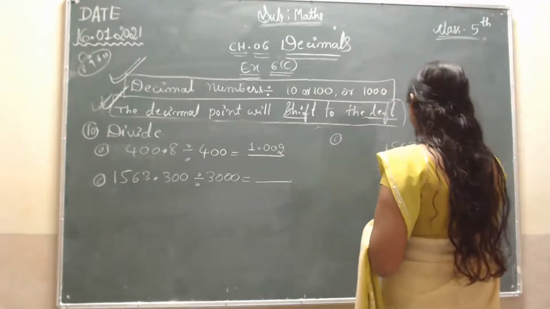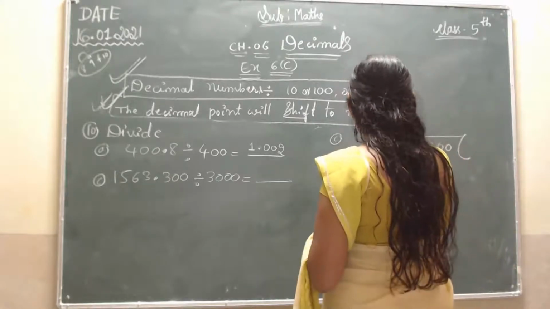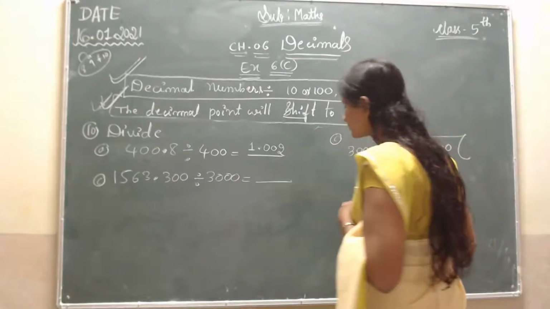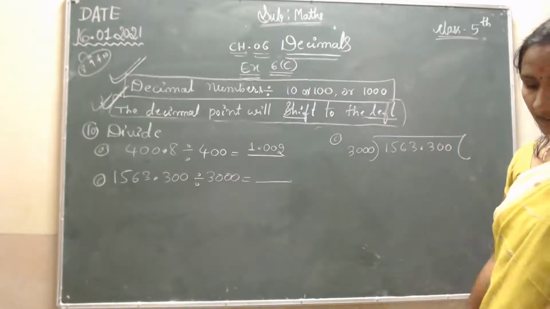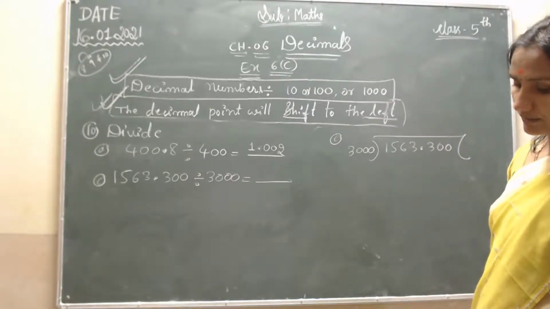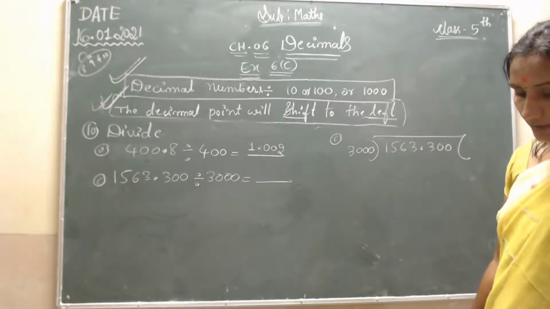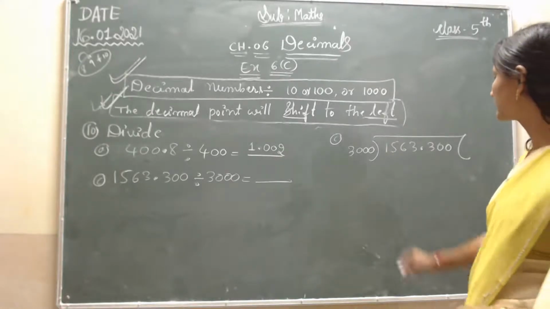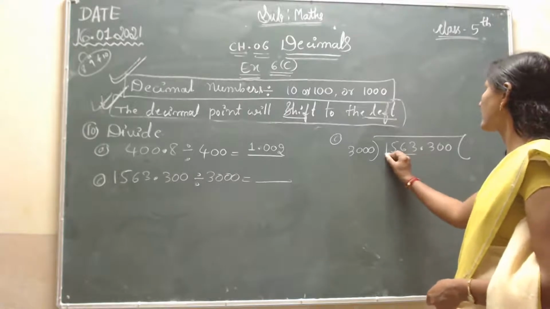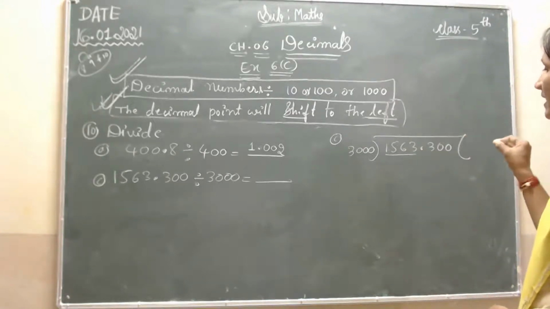1563.300, sorry, that is 300. Okay, next the divisor is 3000. Students, what is the divisor? That is 3000. Students, you can observe the given question, 1563.